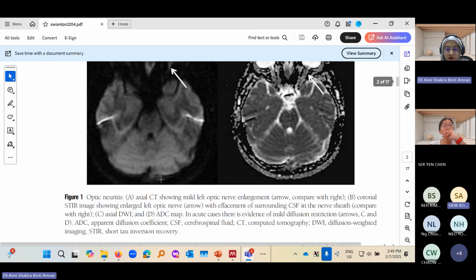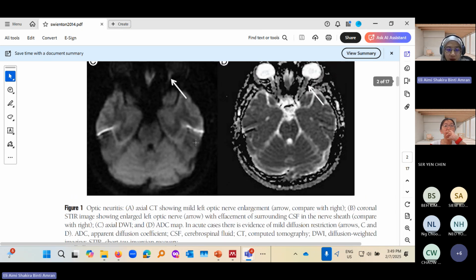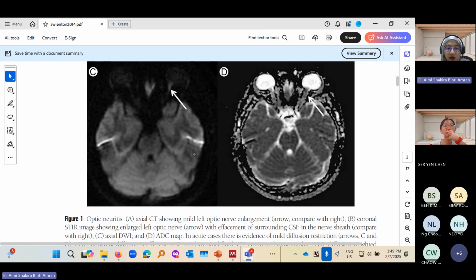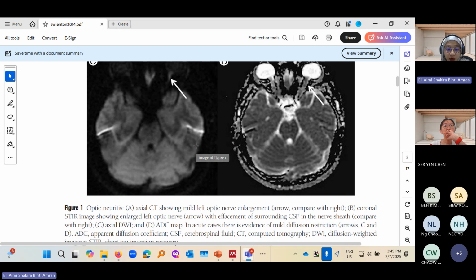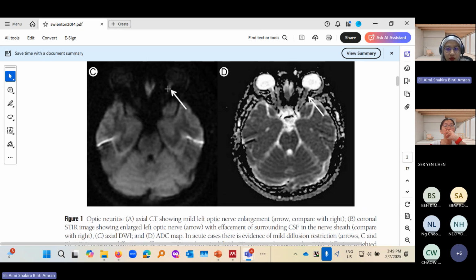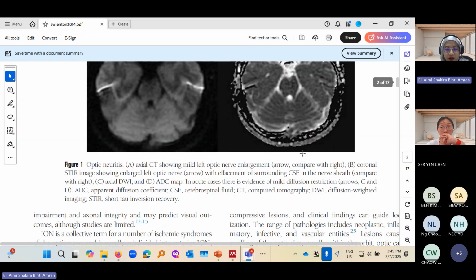And then C and D, this is just for our general knowledge, because sooner or later we are going to analyze CT scans and MRI. At least we get to see where we have to look. C is the axial angle, and D is again the enlargement, with different angles of scans that this study is trying to show.